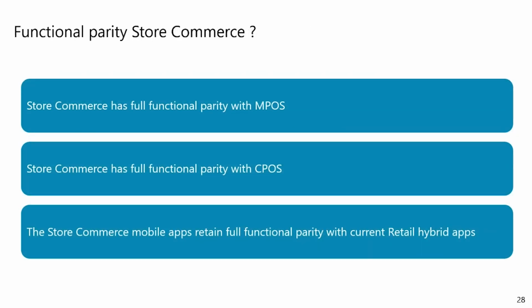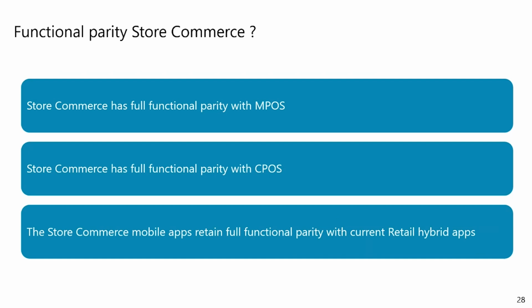So another question is on functional parity. Store Commerce has full functional parity with MPOS. With regards to the hardware parity between MPOS and Store Commerce app, the Store Commerce app does not support UWP peripherals that are point of service devices. Store Commerce has full functional parity with the CPOS.